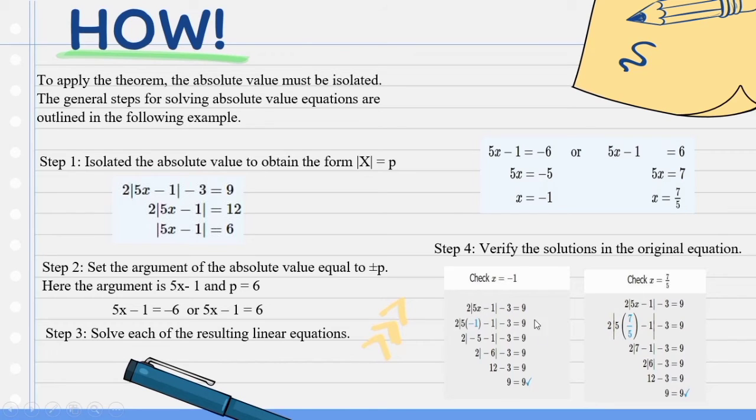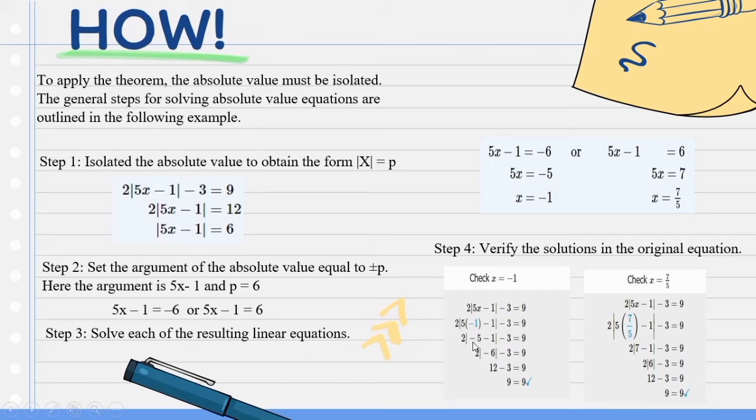You must calculate: 2 times the absolute value of 5 times minus 1 minus 1, minus 3 equals 9. 5 times minus 1 is minus 5, minus 1.